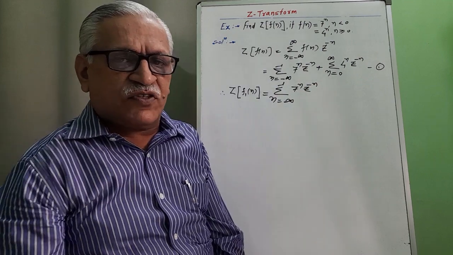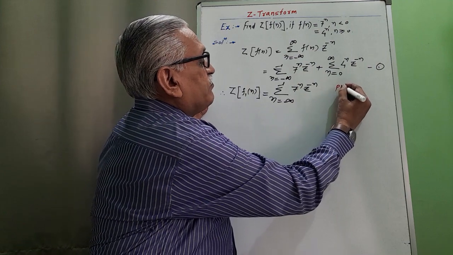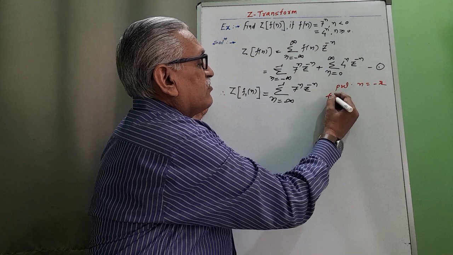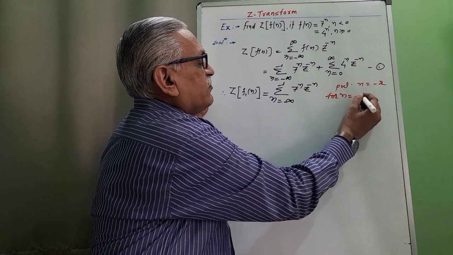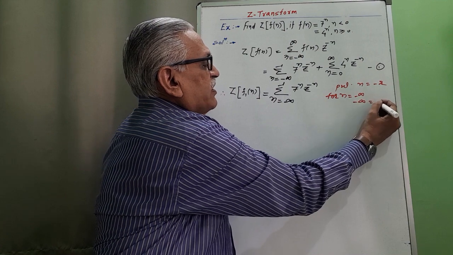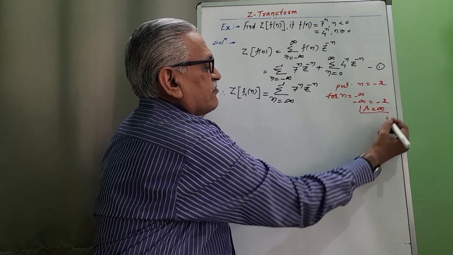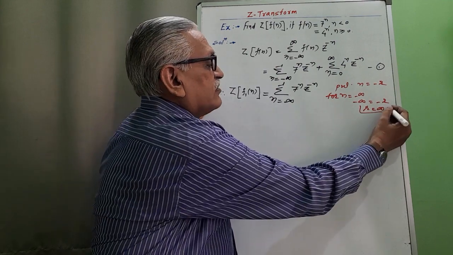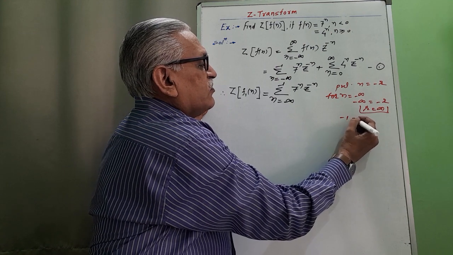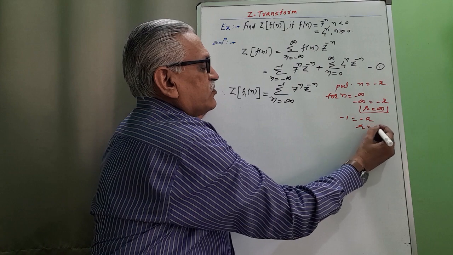Here we use the substitution: put n equals minus r. For n equals minus infinity, we get minus infinity equals minus r, means r equals infinity. And for n equals minus 1, we get minus 1 equals minus r, means r equals 1.